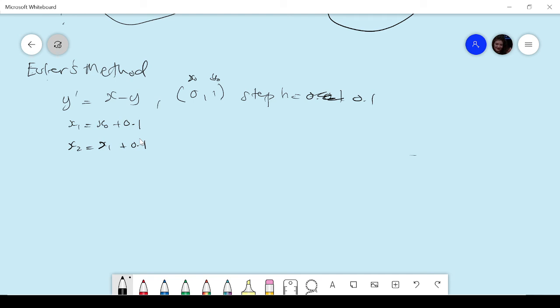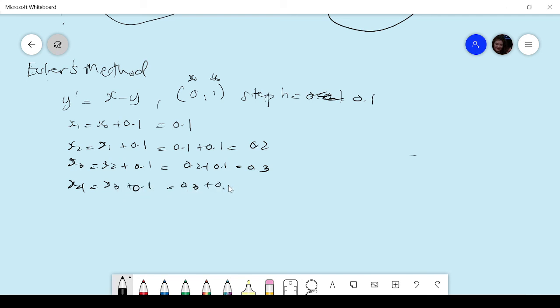Inanara pag kuha sa ato ang x values. So, this is 0.1. This is 0.1 plus 0.1, which is 0.2. And x3 is x2 plus 0.1. So, this is 0.2 plus 0.1. That is 0.3. Then x4 is x3 plus 0.1 equals 0.3 plus 0.1 equals 0.4.